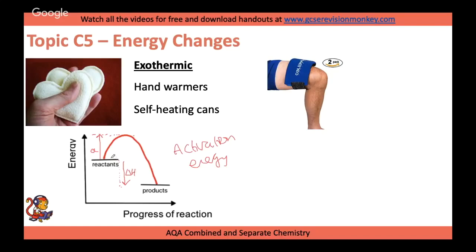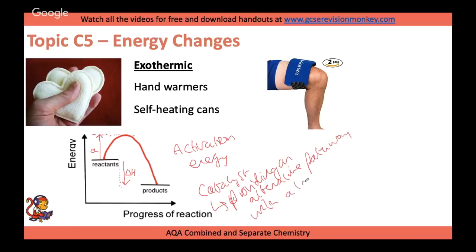And the final thing is a catalyst. You may see the effect of a catalyst, which is to lower the activation energy. So a catalyst does two things. Yes, it speeds up a reaction, but it does this by providing an alternative pathway, excuse my handwriting, with a lower activation energy.